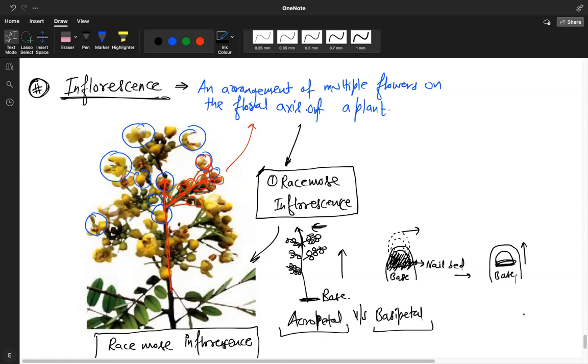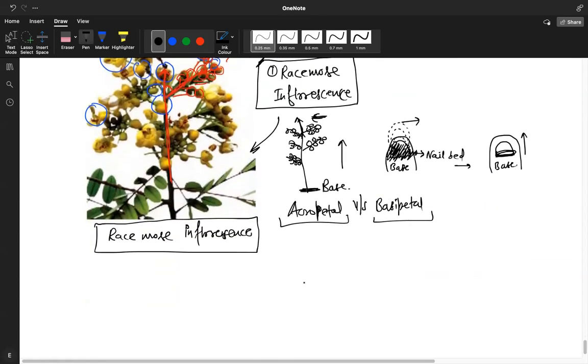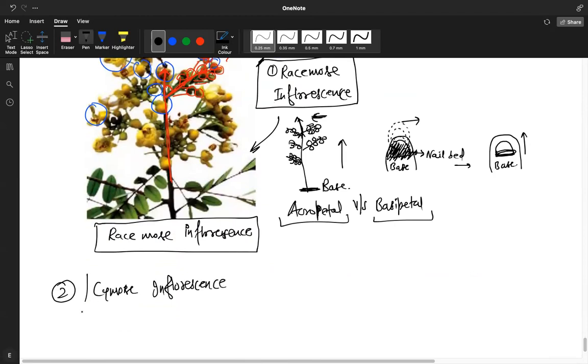Now the second type of inflorescence, write down. Second type of inflorescence is cymose. Racemose and cymose inflorescence. You could have guessed already that in a cymose inflorescence, the main axis terminates in a flower. The main axis does not continue to grow.